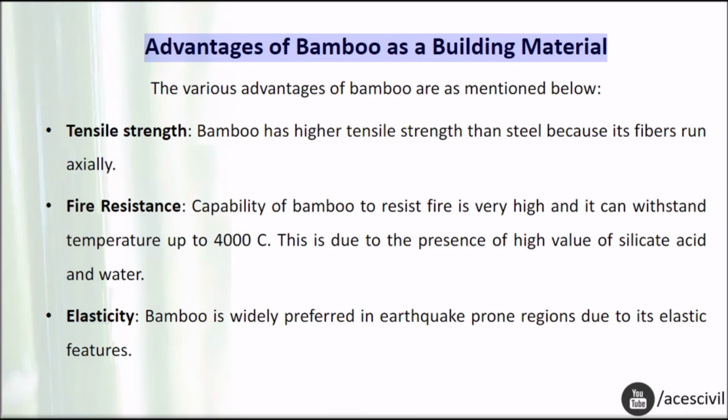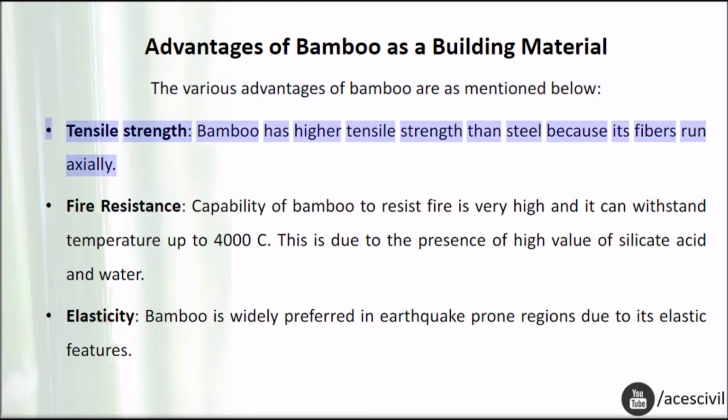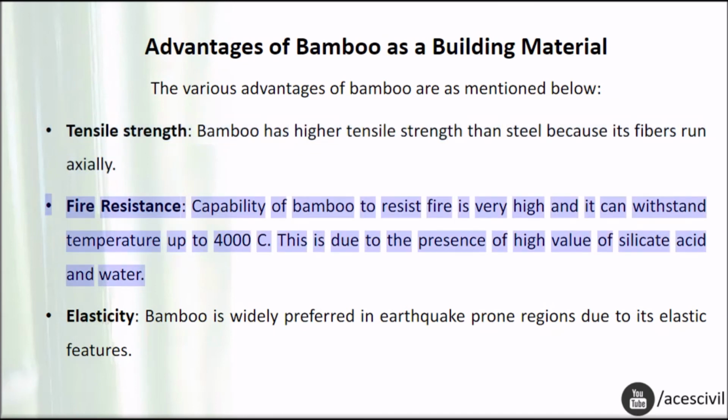Advantages of bamboo as a building material. The various advantages of bamboo are as mentioned below. Tensile strength. Bamboo has higher tensile strength than steel because its fibers run axially. Fire resistance.